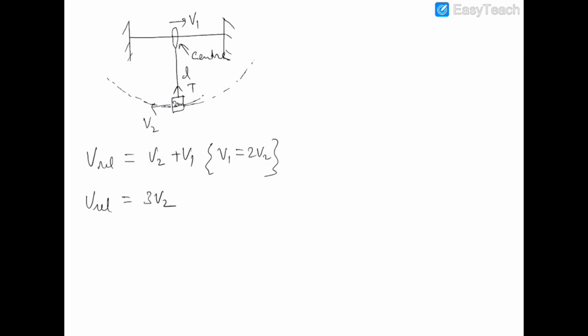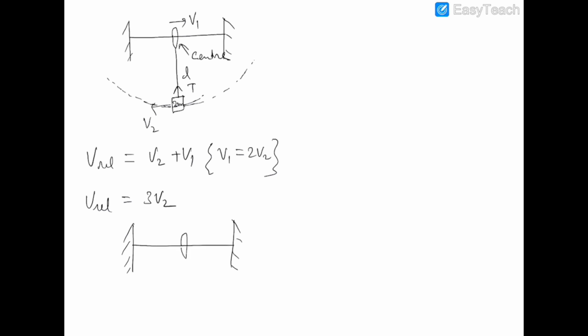Now when we have calculated the relative velocity, it means that we have assumed this ring as center and we have stopped it, and only this block of mass 2m is moving with velocity V relative about that ring and rotating about it. So the tension will be calculated by this diagram.